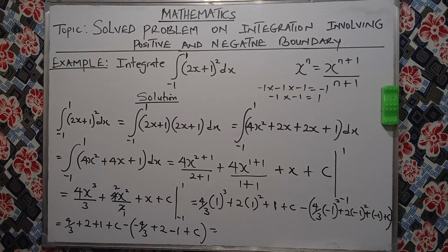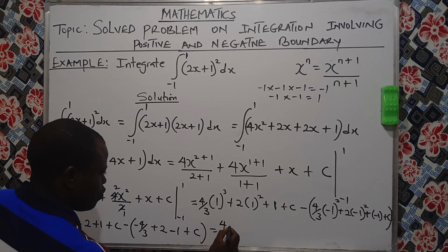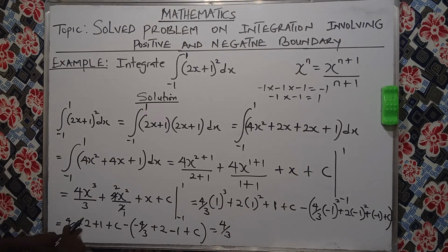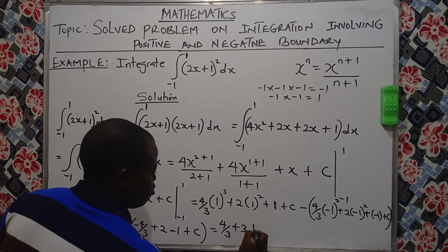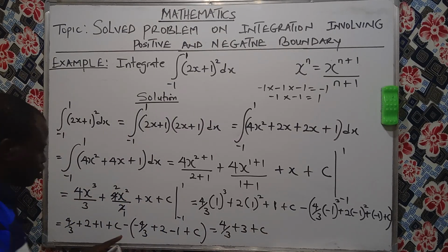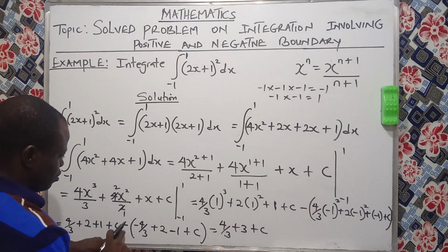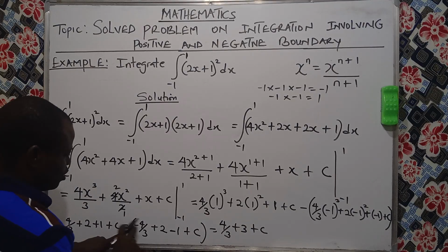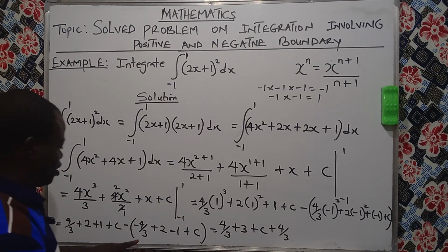Now let's open this bracket. You have 4 over 3, 2 plus 1, that's 3, plus 3 plus c. We want to see how this constant cancels out. Now negative times negative will give you positive plus 4 over 3.